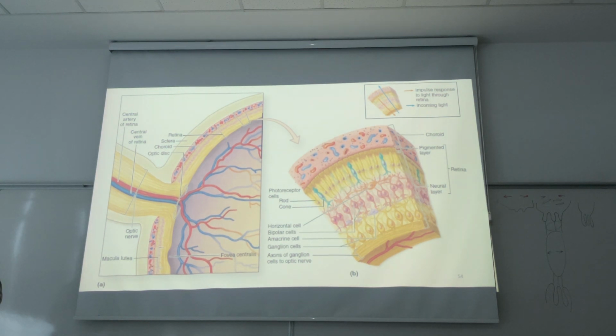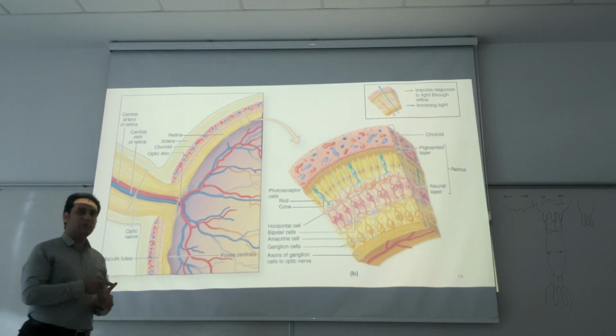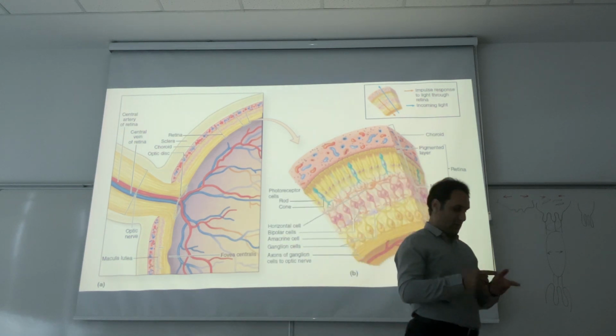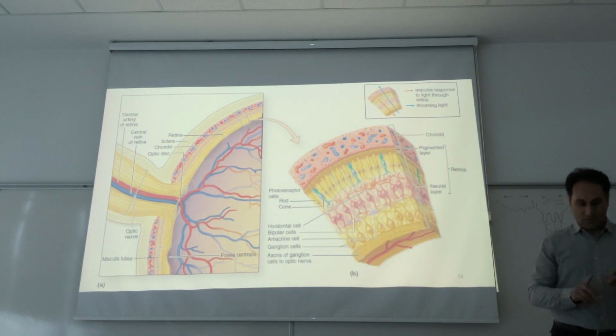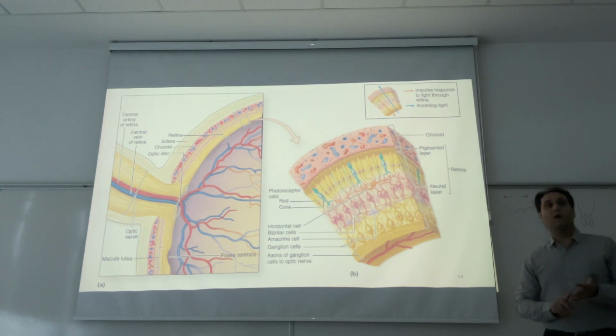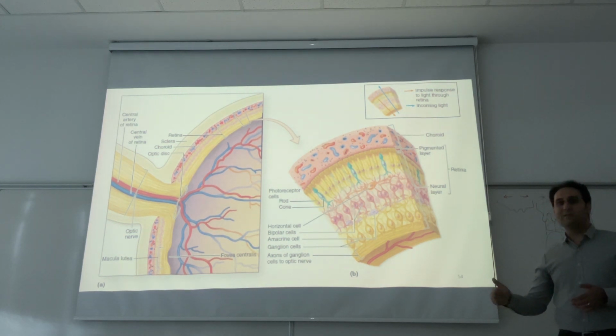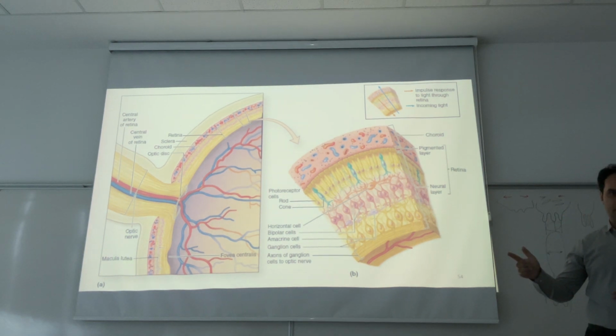In photoreceptive retina, we have the rod and cone cells or photoreceptor cells, bipolar cells, horizontal cells, amacrine cells, ganglion cells, and Muller cells.